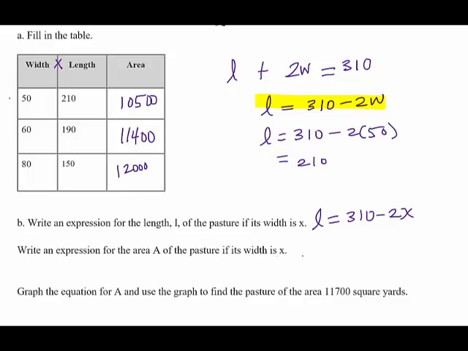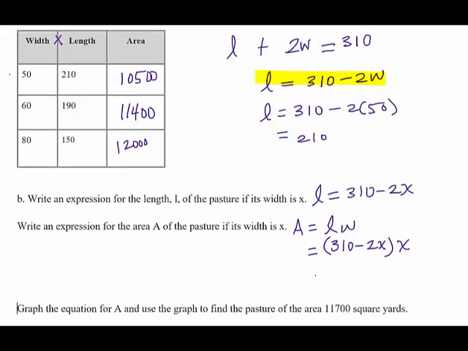For a rectangle, area equals length times width, and we're going to make some substitutions into this equation. Instead of L, we'll put 310 minus 2x, and instead of the width, we'll put x. And distribute, we get 310x minus 2x squared, a quadratic function.